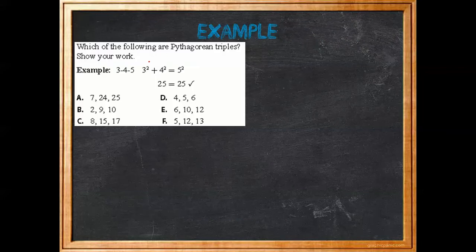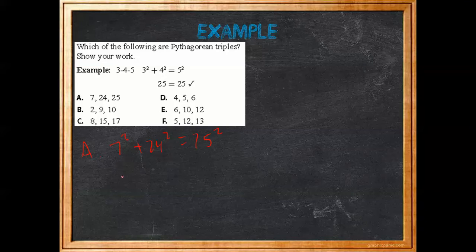For this one, it says, which of the following are Pythagorean triples? So this one just wants to know which of these are right triangles. So what we want to do is take the 2 smallest squares. For A, we want to say 7 squared plus 24 squared equals 25 squared.